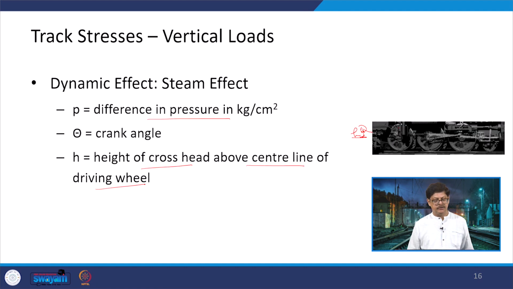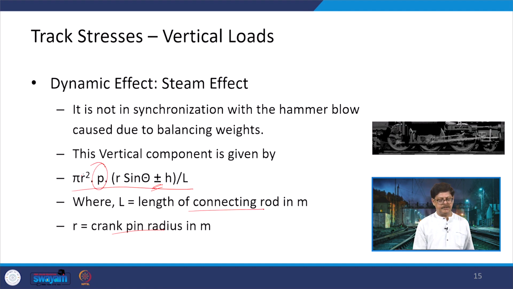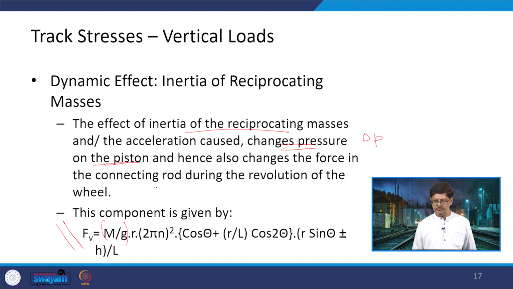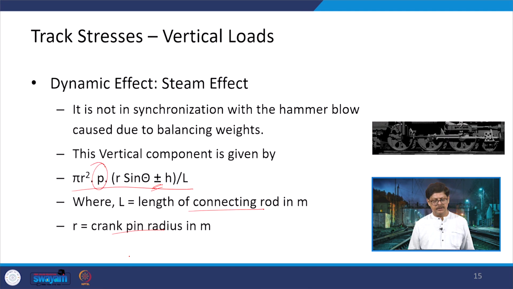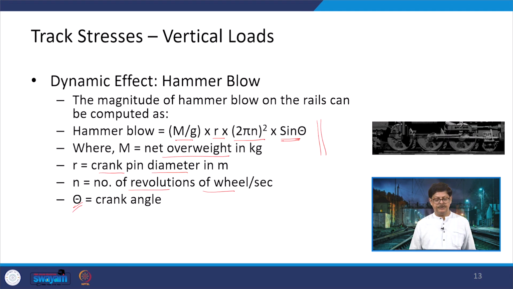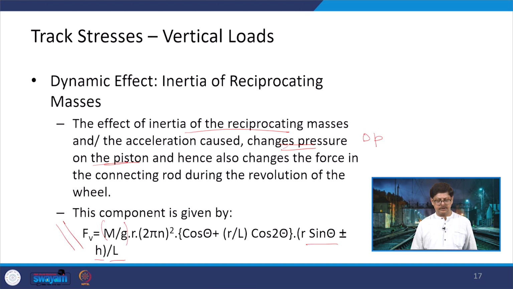Previously we talked about pi r square into p into (r sin theta plus minus h) divided by L. So we are talking about r sin theta plus minus h divided by L here, and before that we talked about m divided by g into r into (2 pi n) squared into sin theta, but now we are taking a component. So m divided by g into r into (2 pi n) whole squared, multiplied by what was sin theta, which we have replaced with cos theta plus r by L into cos of 2 theta.